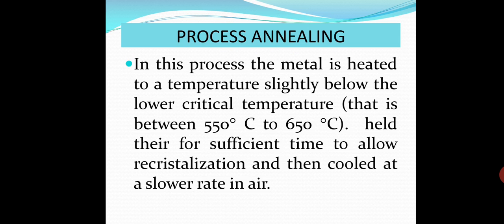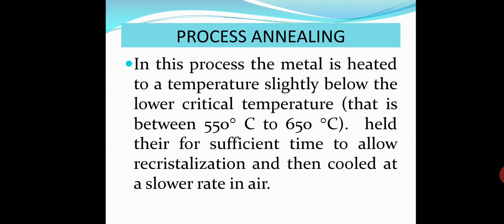So next is process annealing. In case of process annealing, the material is heated to just below the lower critical temperature. For steel, it is 550 to 650 degrees centigrade.